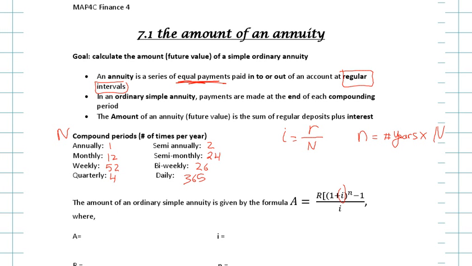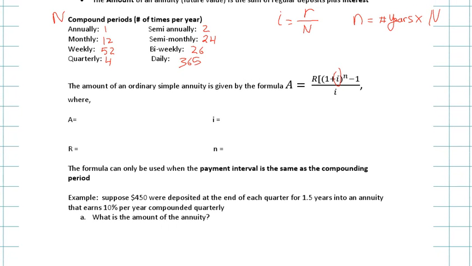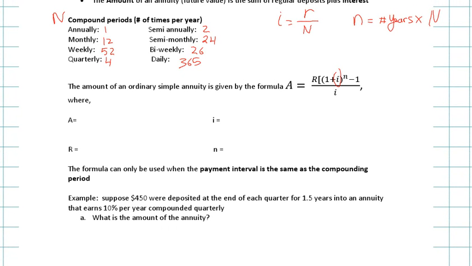Okay, so let's look at the formula. The amount of an ordinary simple annuity is given in the formula A equals R, that's your regular payment, times the bracket (1 plus i) to the power of n, minus 1, divided by i.